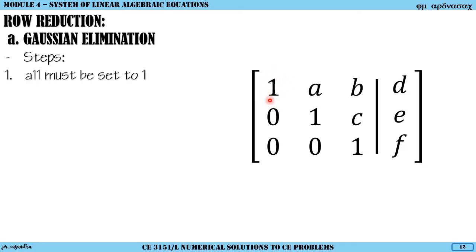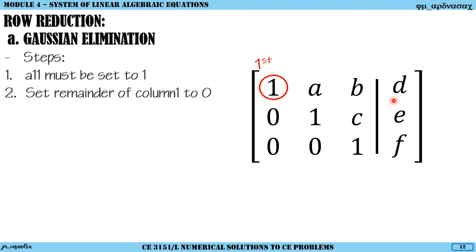So the steps now followed in Gaussian elimination would be, first is that we have to set our upper leftmost element, or your A11, equal to 1, and then followed that the remainder of the first column should be equal to 0.